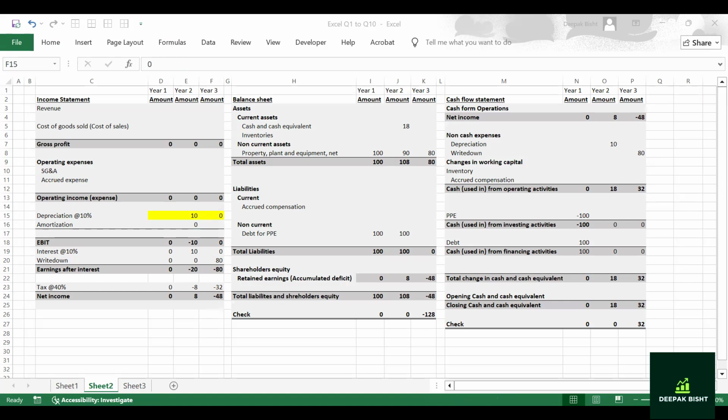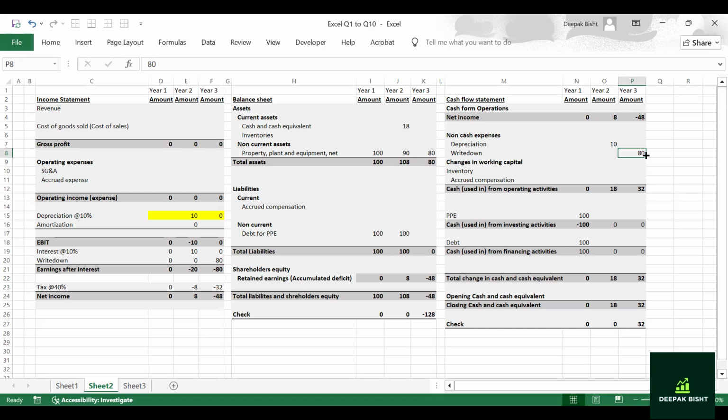This net income will also be a part of the cash flow statement. We are writing it down because the factories have broken down, but there was no cash outflow. So this $80 is within us only. We write it down, then we add it back because this is a non-cash expense.